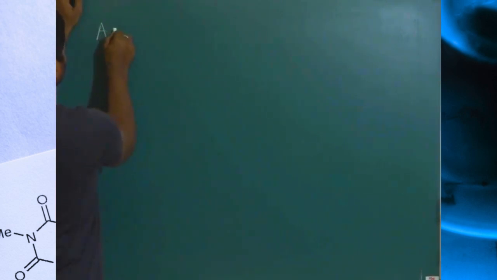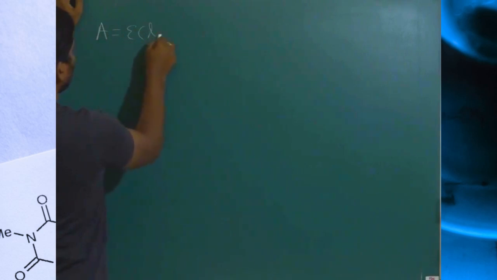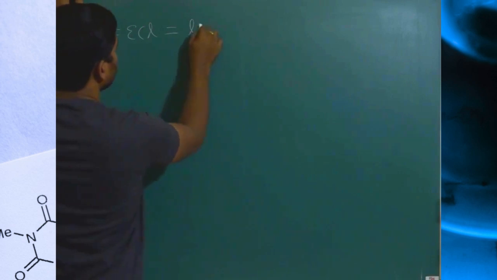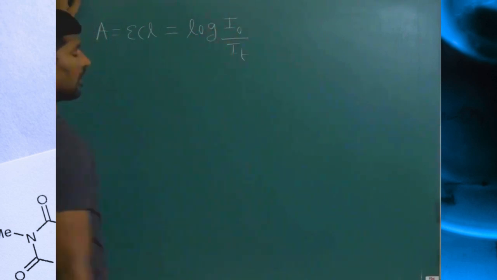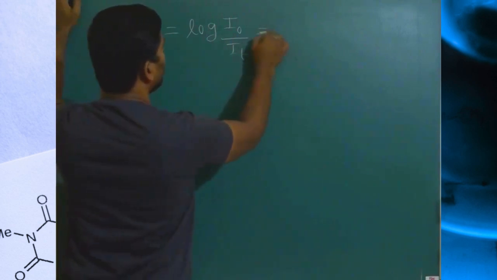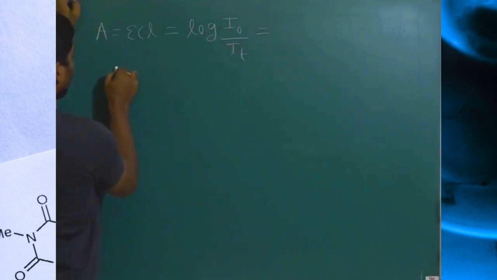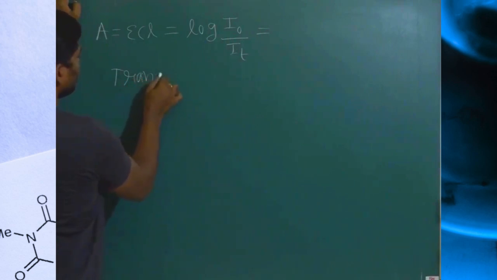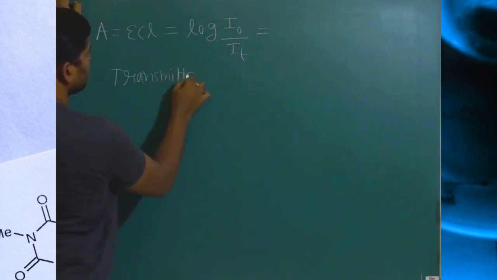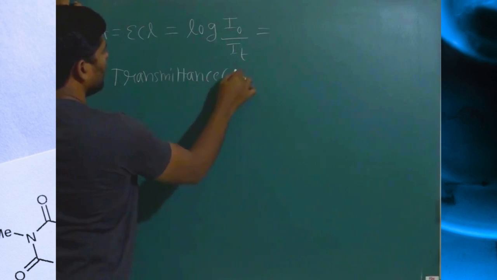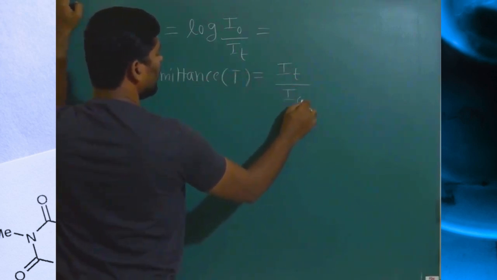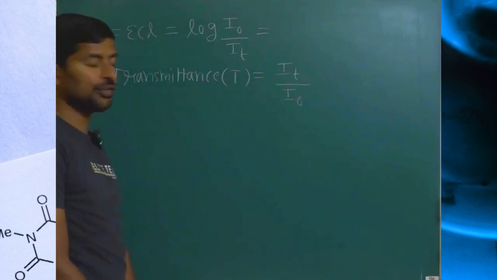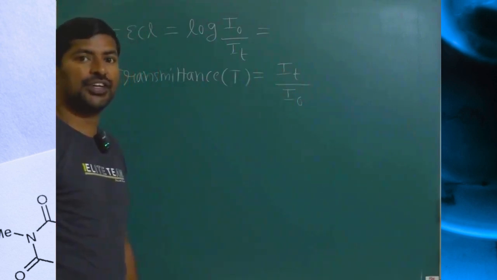Some more expressions for Lambert-Beer's law: absorbance is equal to epsilon C l. Another expression is log I0 by IT. Transmittance, which I indicate as T, is the ratio of the intensity of transmitted radiation to the intensity of incident radiation.